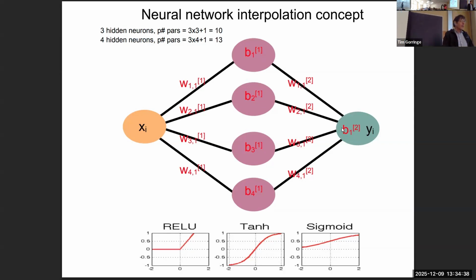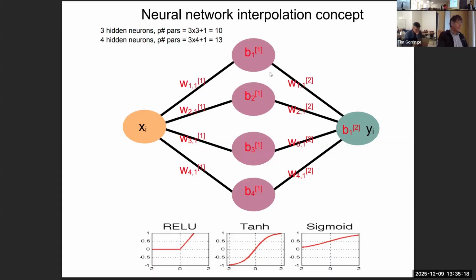In a neural network, you might arrange a network of neurons to do that interpolation. So in this slide, the left and the right are my data points, my xi's and yi's, and in between I've got 4 neurons. These 4 neurons are connected to the input and connected to the output. So these black lines represent connections.